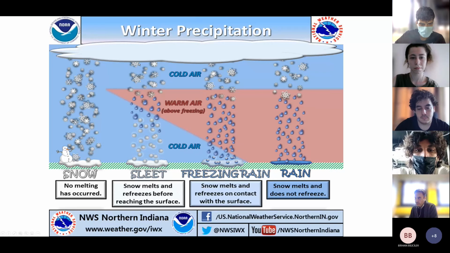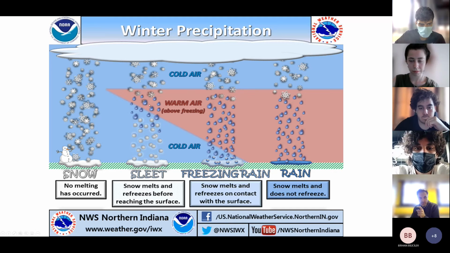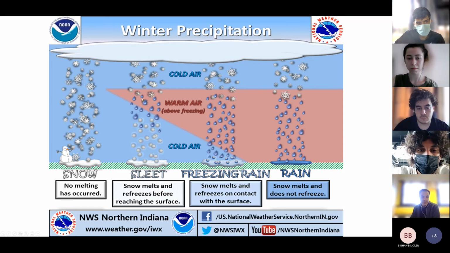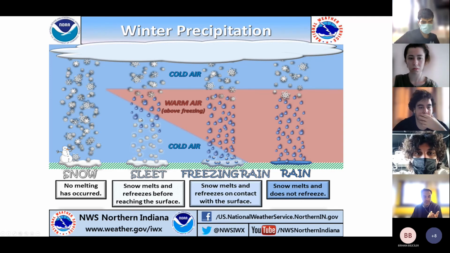However, during the journey from cloud to earth, if we have a small layer of warm air in the upper atmospheric layer, because sometimes the ground is colder than the upper air, what will happen? Snowflakes will melt and take the shape of water droplets.